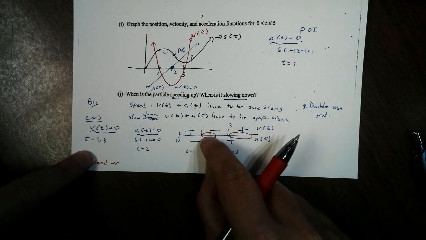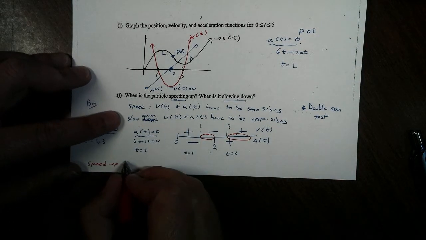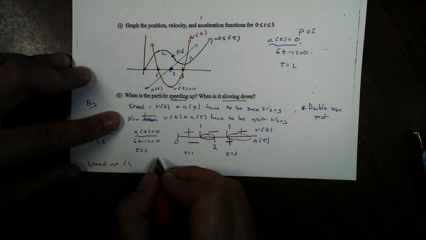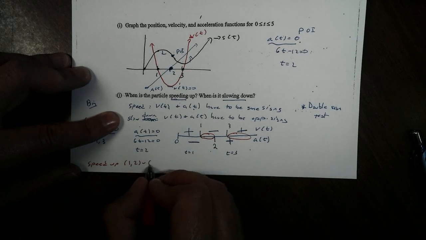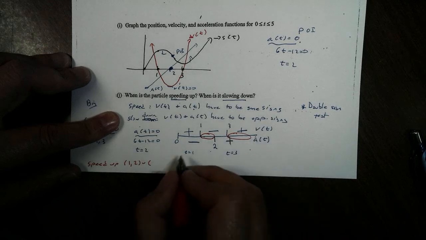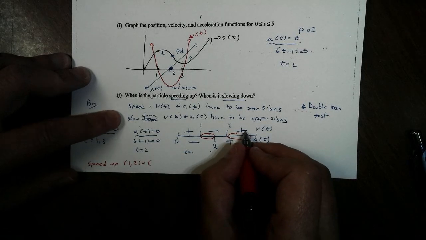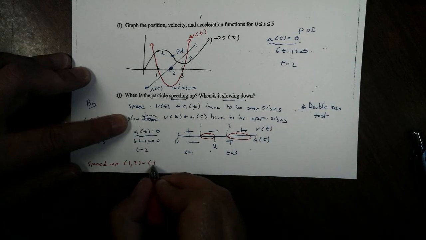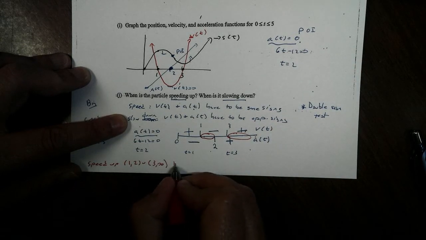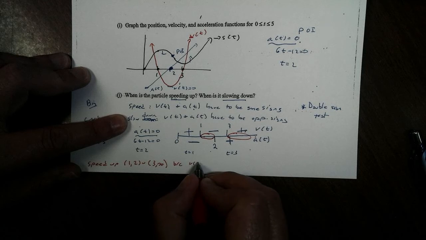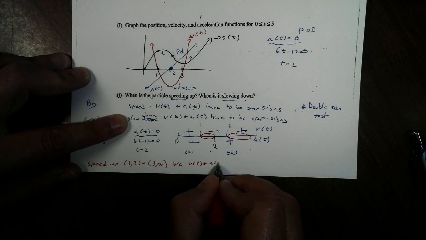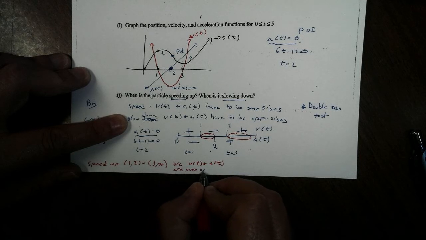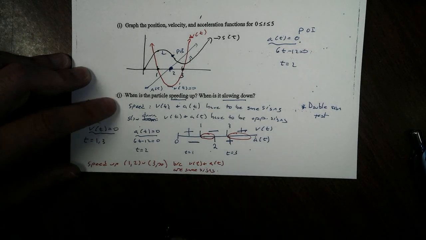I am speeding up between 1 and 2, because at 2 my acceleration changes, or from 3 to infinity, where they're both positive. My velocity is positive, I'm stepping on the gas, and it pushes me forward faster. This is because v of t and a of t are the same signs, and that's our reason.